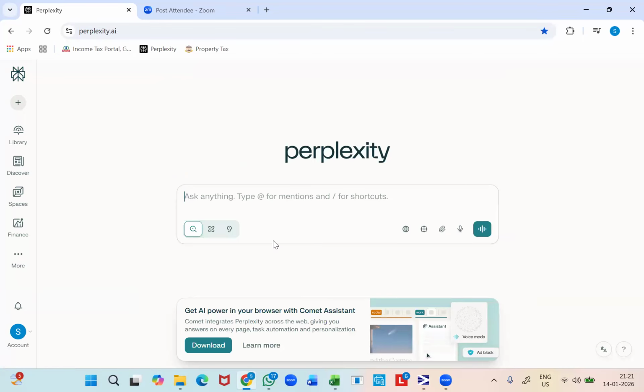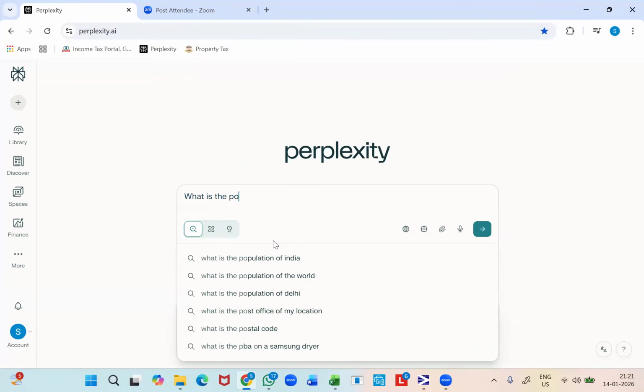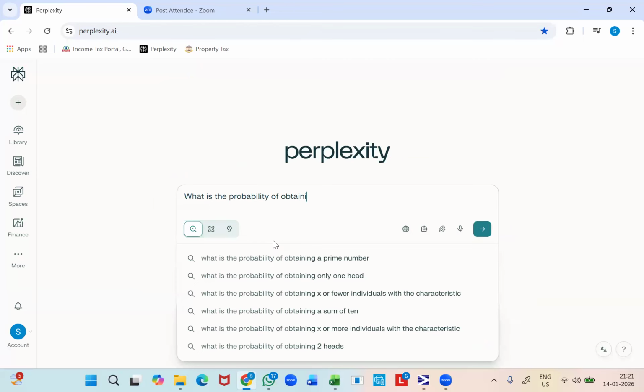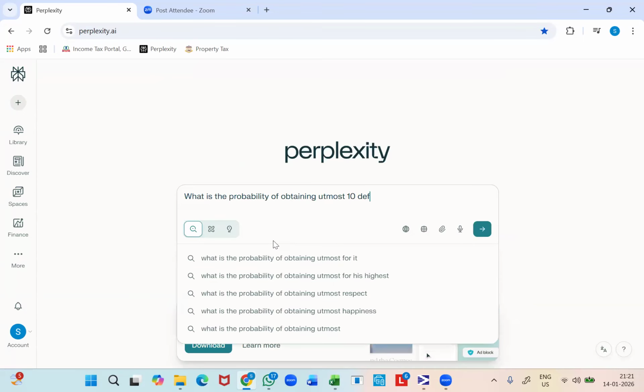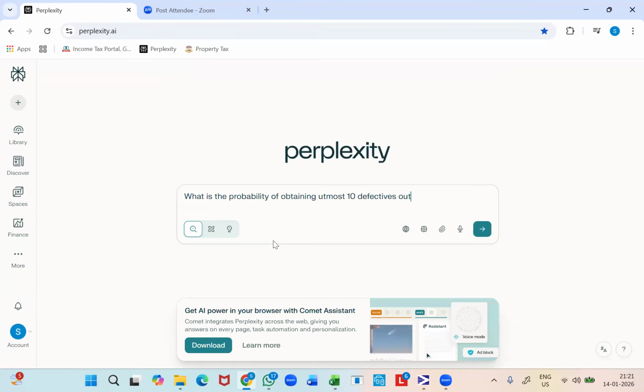Next one, what is the probability of obtaining at most 10 defectives out of 200 samples given the historical defective percentage as 3%.